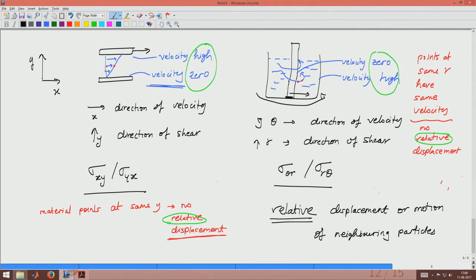So, we will see that this relative displacement or motion is central to defining strain and strain rates in the material.